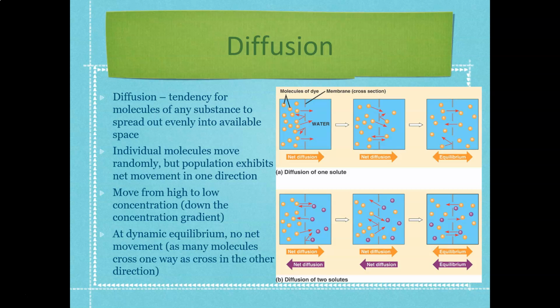Every action has an equal and opposite reaction. They bounce off of each other, they spread each other out, and eventually they get so far dispersed that they're no longer hitting each other. And that's when we start talking about equilibrium, right? When they have balanced each other out to the point where they are far enough apart that they're rarely hitting each other and throwing things in other directions.